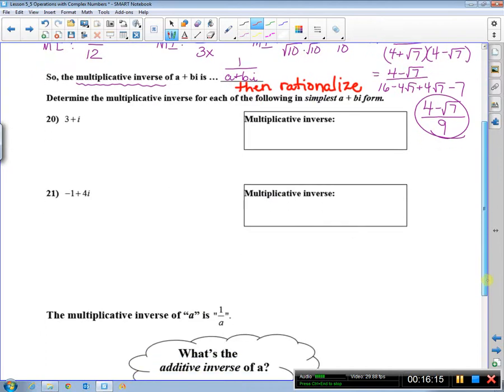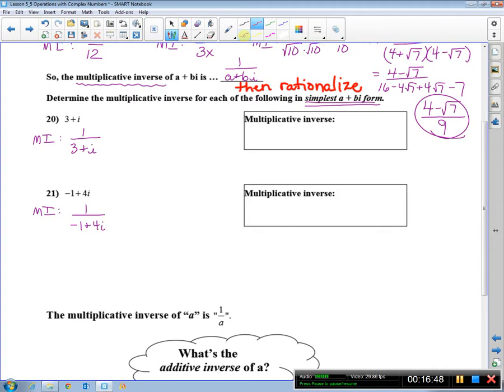So let's see what they give us. Determine the multiplicative inverse for each of the following in simplest a plus bi form. Excellent. So the multiplicative inverse of 3 plus i is 1 over 3 plus i. The multiplicative inverse of negative 1 plus 4i is 1 over negative 1 plus 4i.